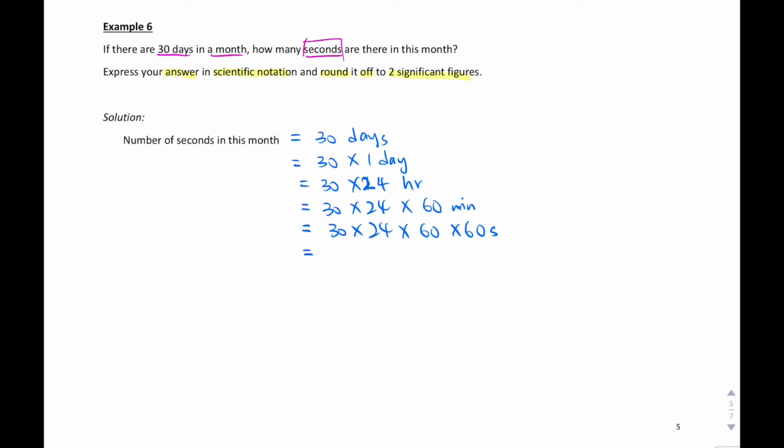So finally, pressing your calculator, you find that there are 2592000 seconds. And we write it in scientific notation. We move the decimal point 6 places to the left, so this is 2.592 times 10 to the power of 6 seconds.